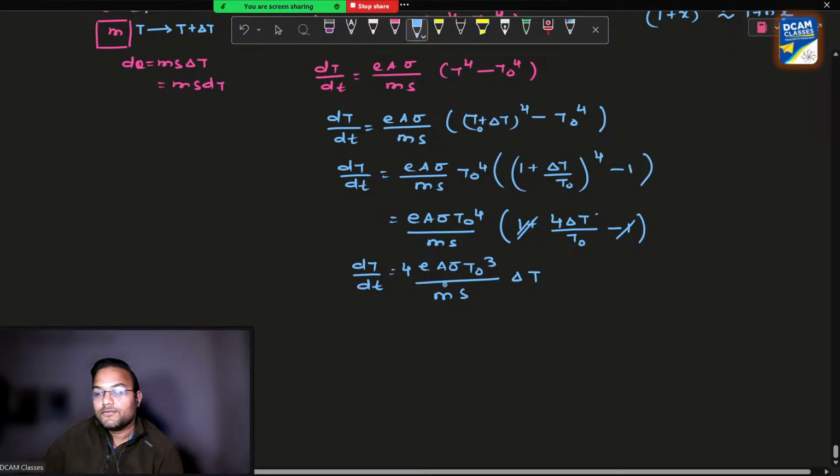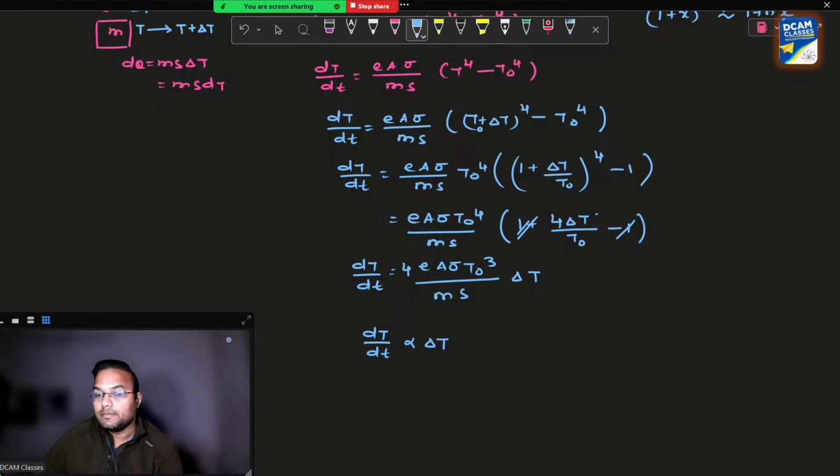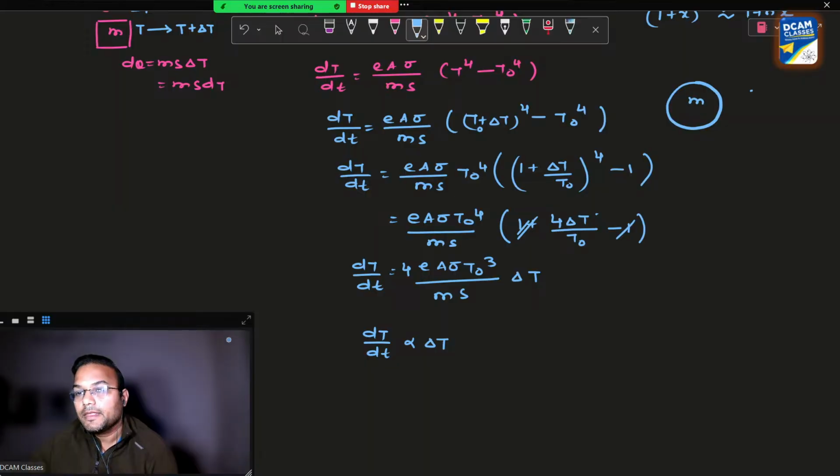So now see from this equation what we are getting now. The d temperature by dt is actually proportional to the change in temperature of the body. Understood? The situation is there is a mass m, surrounding was at a temperature T naught.